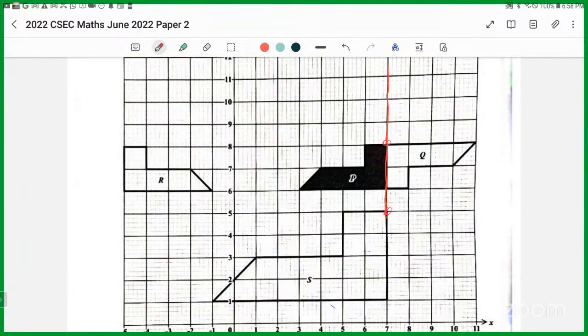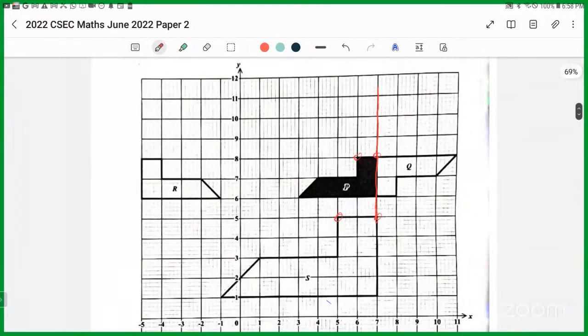We can use this one and this one, or we can use this one and this one. Then use your ruler and line it up. So we line up these 2 like that.